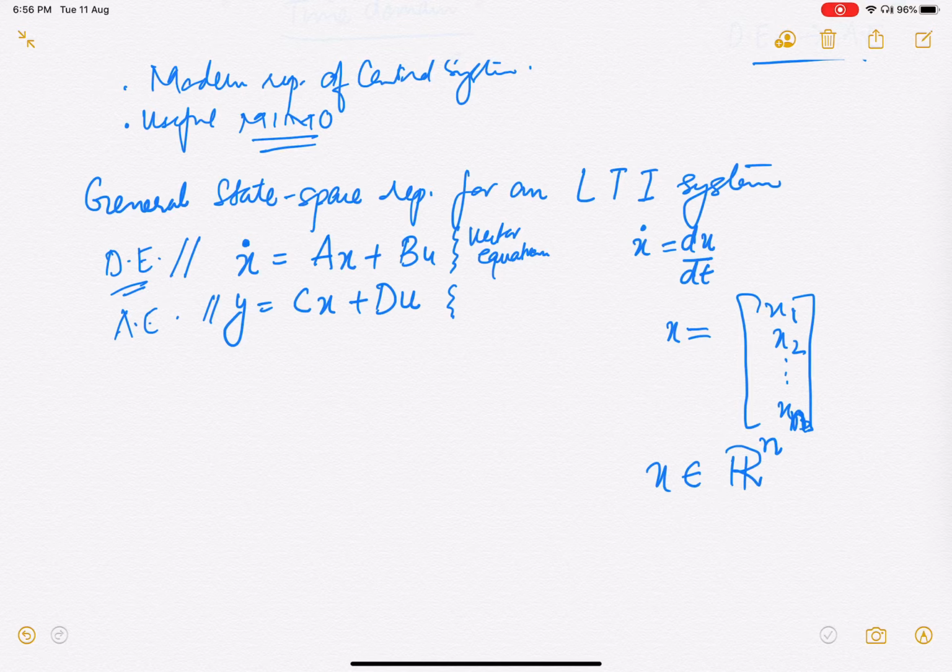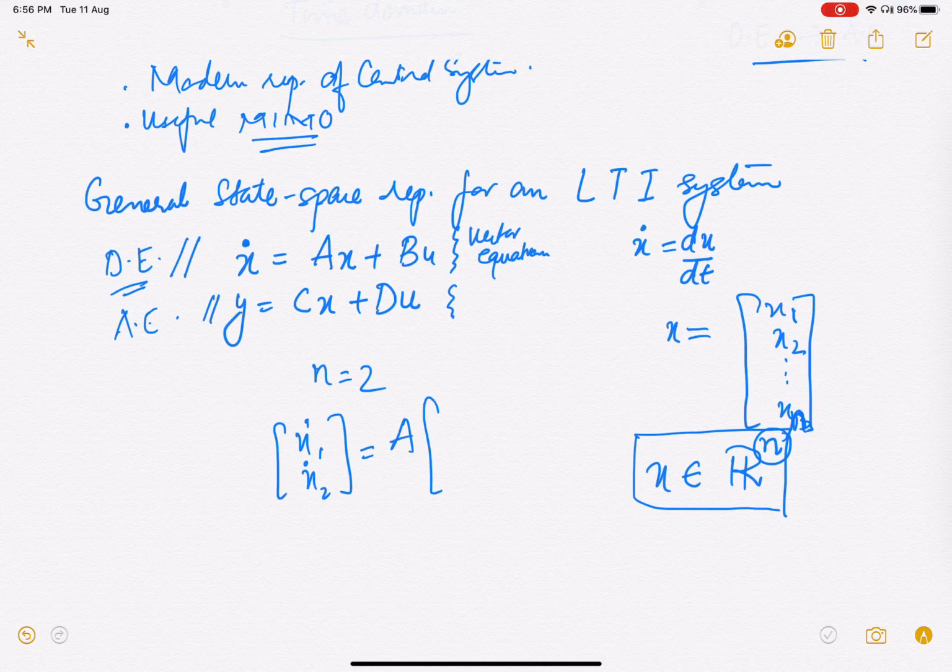It requires some understanding of linear algebra, which we have not seen yet, but it is sufficient right now to say that x has n components. So when you write x dot is equal to ax plus bu, it actually means that, for example, if n is 2, then x1 x2 dot is equal to a times x1 x2 plus b times u.